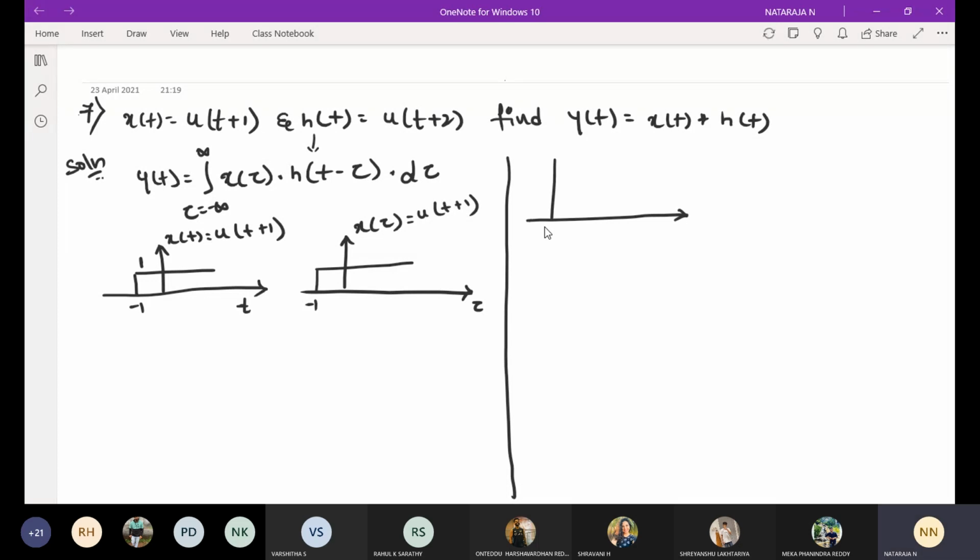First I will sketch h of t, that is equal to u of t plus 2, meaning the signal starts at minus 2, amplitude will be 1. Why? Because the amplitude of u of t plus 2 is 1 only.